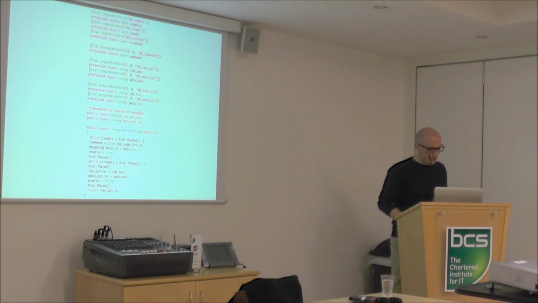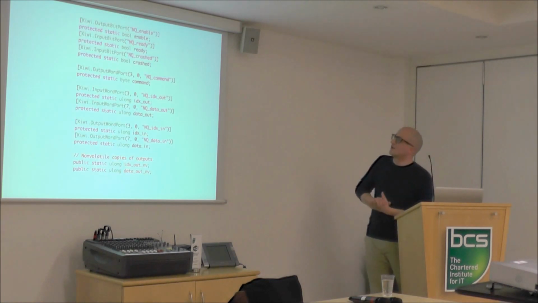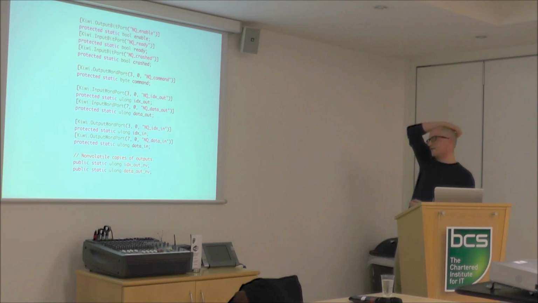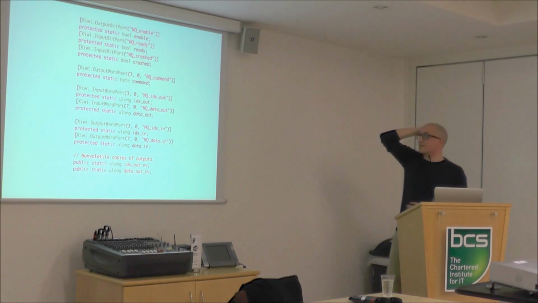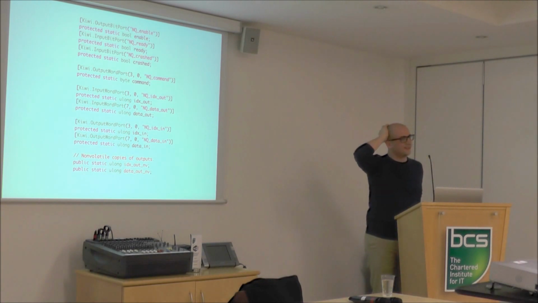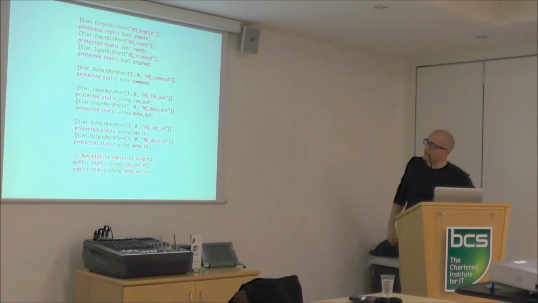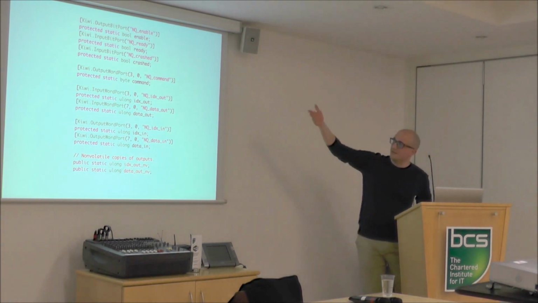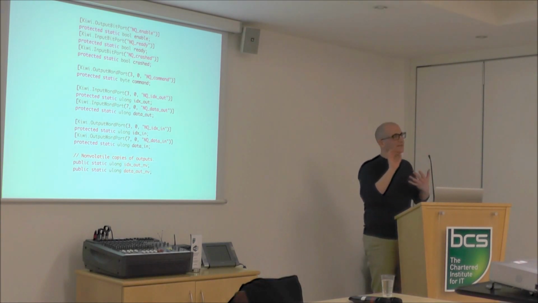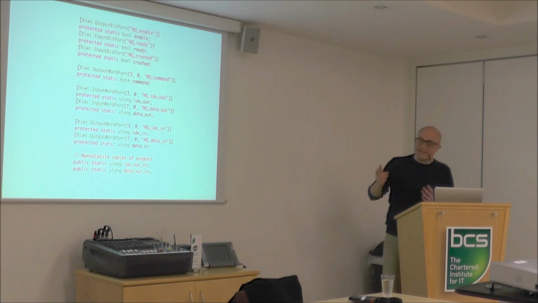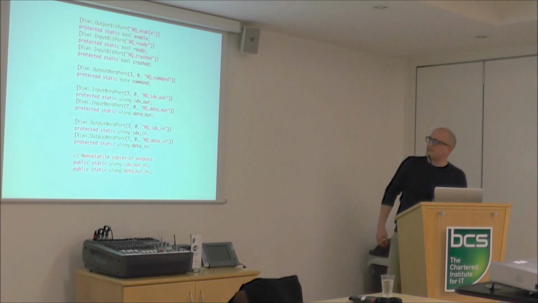So let me show you some more code. Let me zoom in on the code. Here we have declarations of variables, but as you'll notice, you also have annotations that specify that these variables are to be related to particular ports, and these ports have names, but they may also have specific widths.